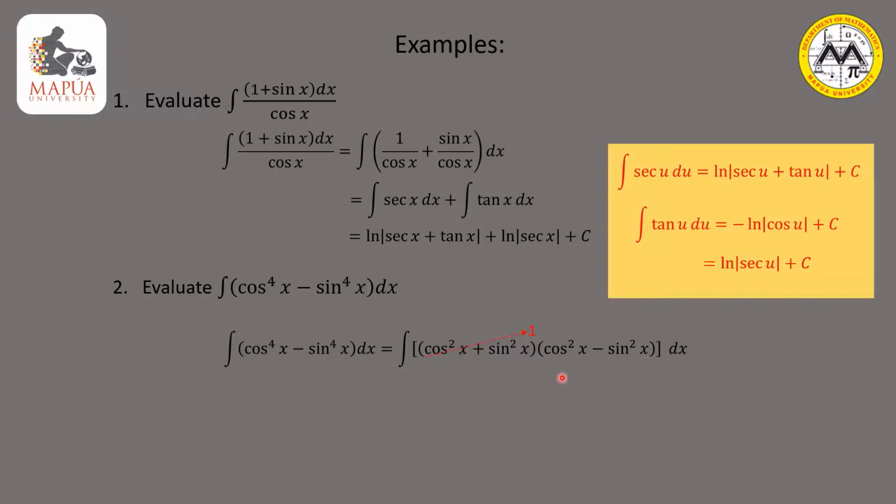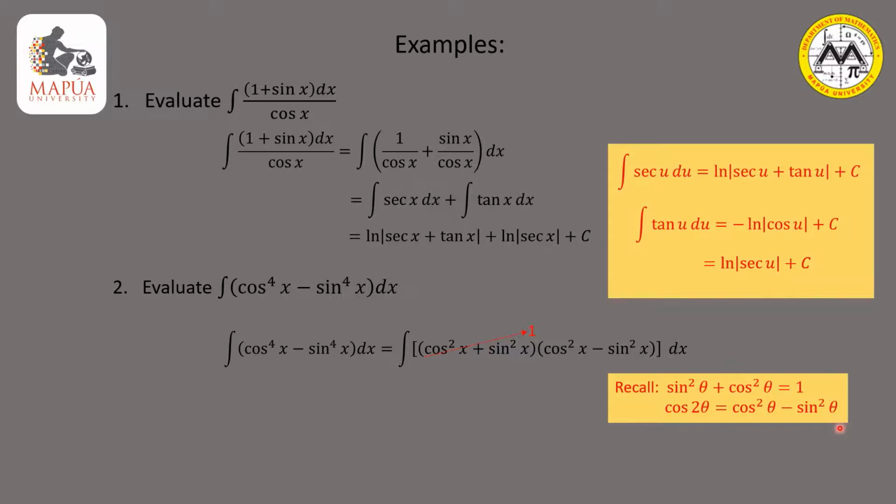So we now have the integral of the product of cosine squared x plus sine squared x with cosine squared x minus sine squared x times dx. Again, recalling some trigonometric identities: sine squared theta plus cosine squared theta is 1, and cosine 2 theta is equal to cosine squared theta minus sine squared theta.